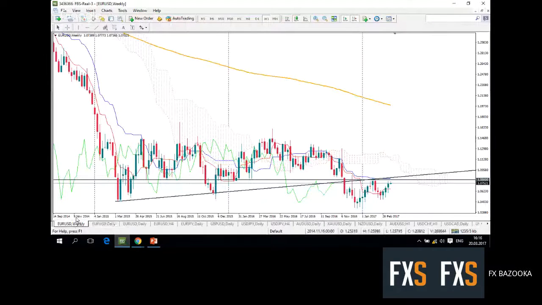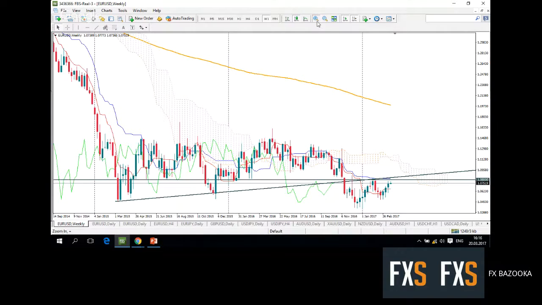Let's discuss the picture for other currencies and dynamics of these currencies versus the US dollar. As usual, we start with euro dollar and we start with weekly chart.